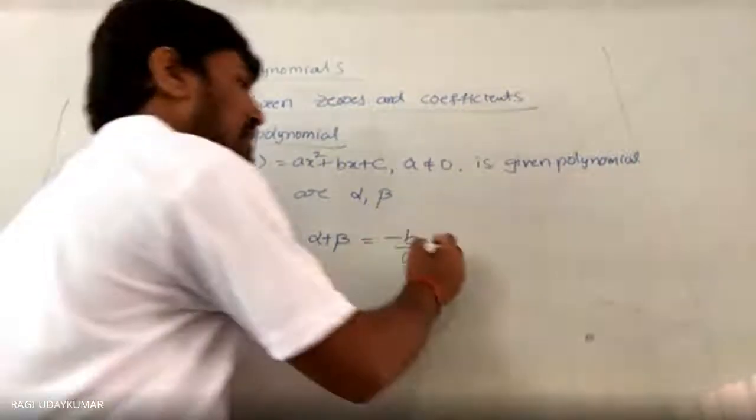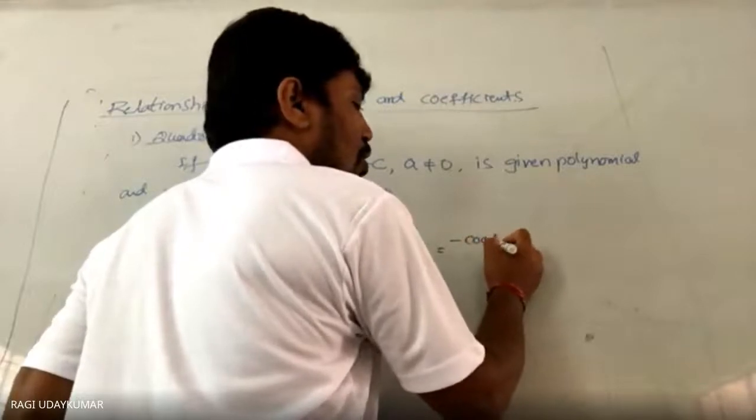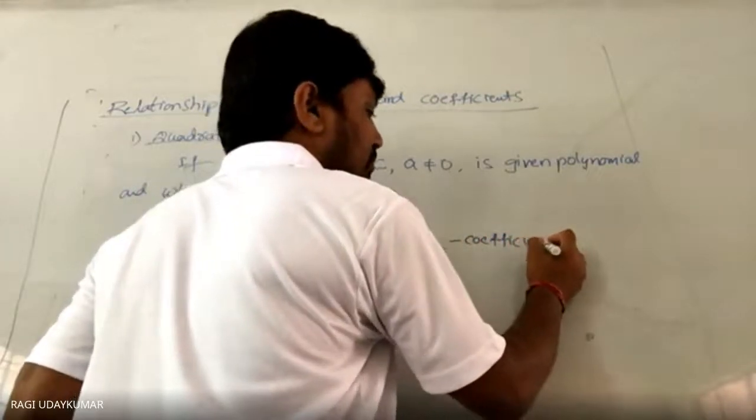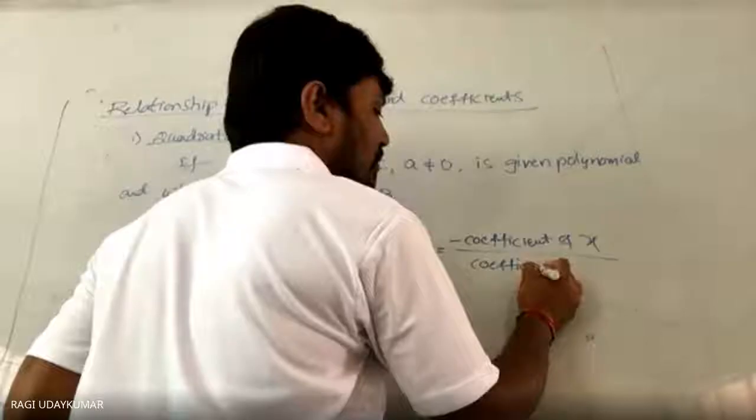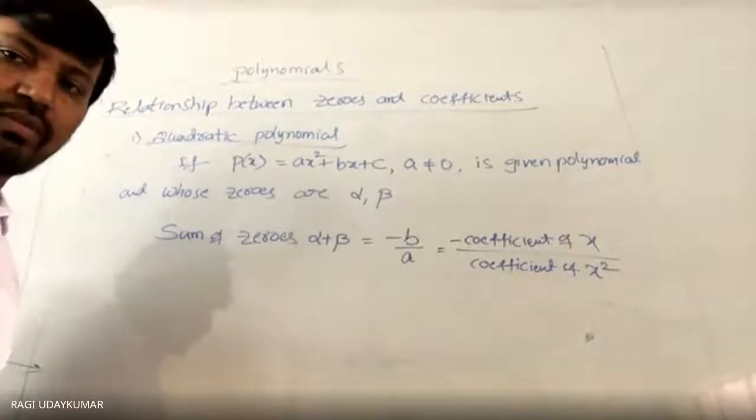So minus b by a is nothing but minus the coefficient of x divided by the coefficient of x square.